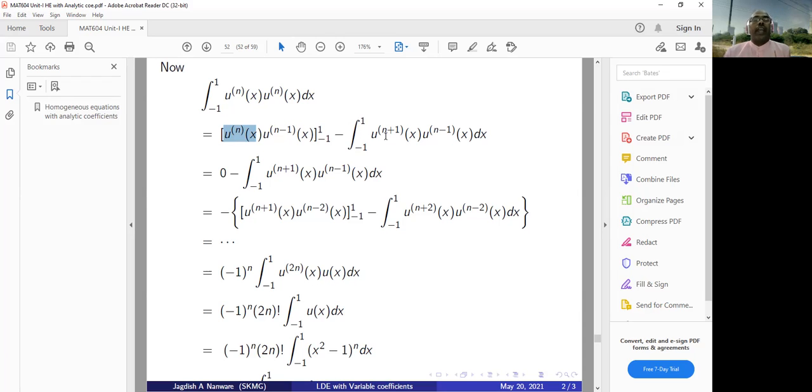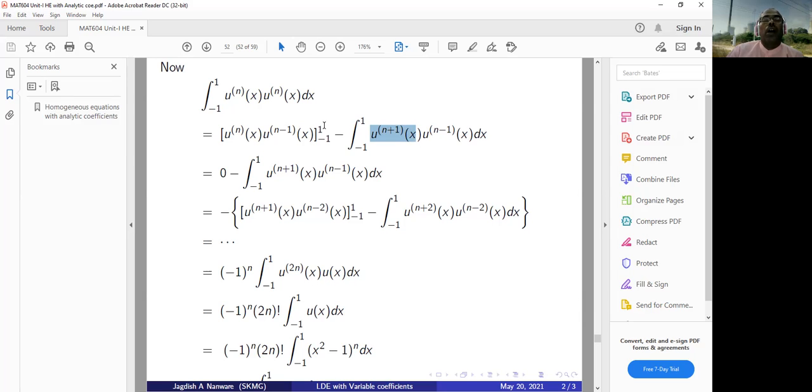We take the derivative of the first function. Here the first function is the nth derivative of u. Again we are taking its derivative, so we get the n plus 1th derivative of the function u, and write the second function, the n minus 1th derivative of u, as its integral. So by using the integration by parts rule, we have this step.